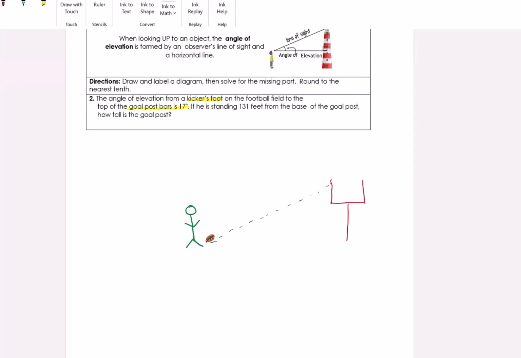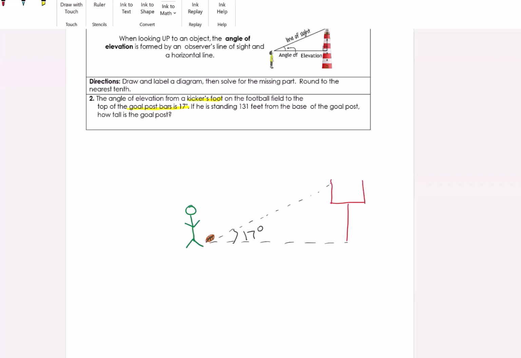I'm going to draw in my triangle. It's going to go to the bottom of the goalpost, and my angle of elevation is 17 degrees. Next sentence. Notice I'm reading it really slowly and making sure I can actually picture what's happening.